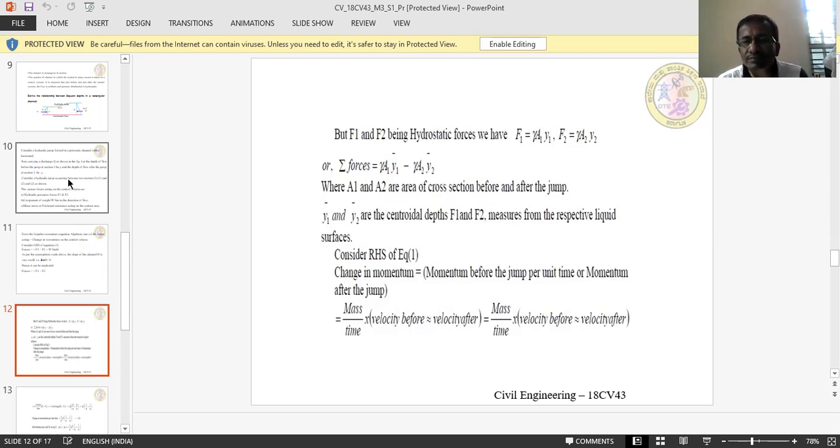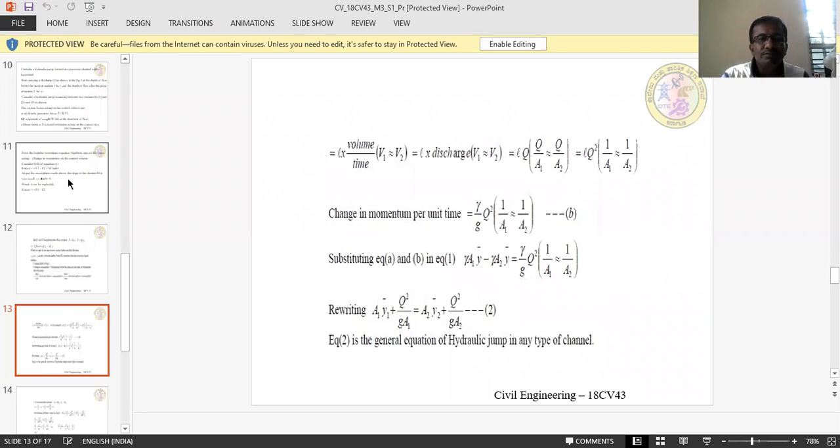Consider the right hand side. This change in momentum equals the momentum after the jump minus the momentum before the jump per unit time. So it can be written as mass by time into change in velocity, v2 minus v1. So mass by time into change in velocity, that is the volume by time into v1 minus v2.